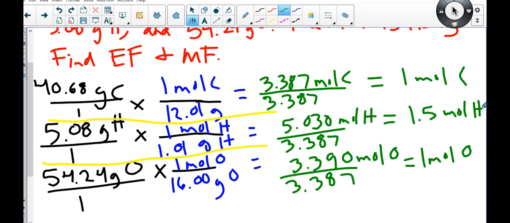So, as you got your moles, we divided by the smallest one. I'll let you work through that. I'm going to go grab a battery for my pen. It's starting to get a little wonky.